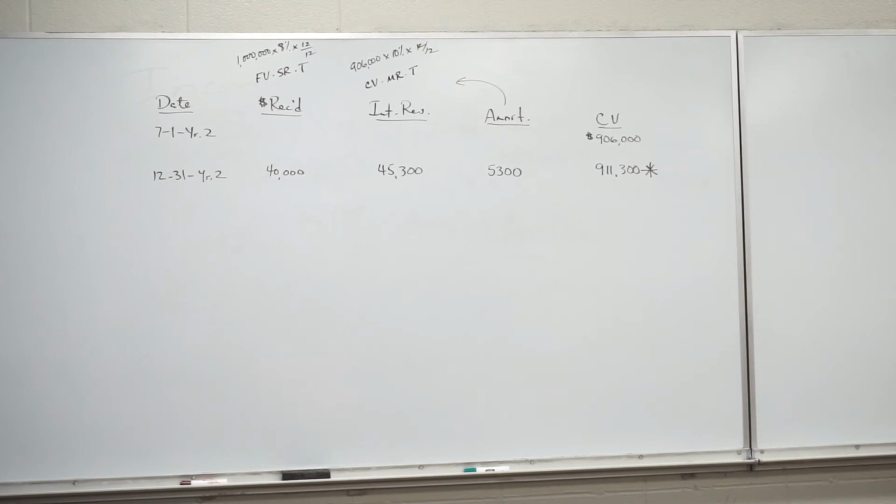Okay, number 9. On July 1 of year 1, Cody paid $1,198,000 for 10% 20-year bonds with a face amount of $1 million. Interest is paid on December 31 and June 30. The bonds were purchased to yield 8%.